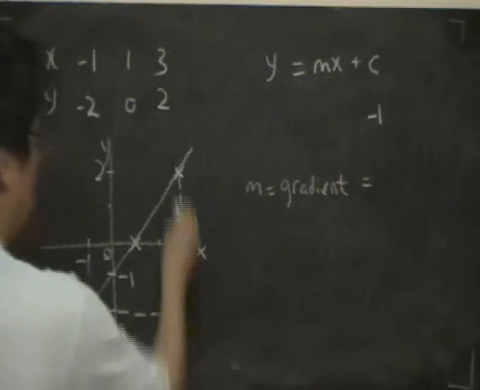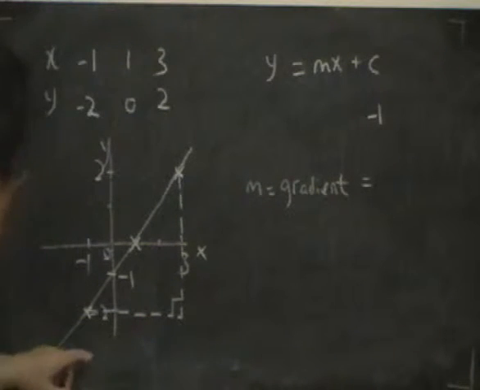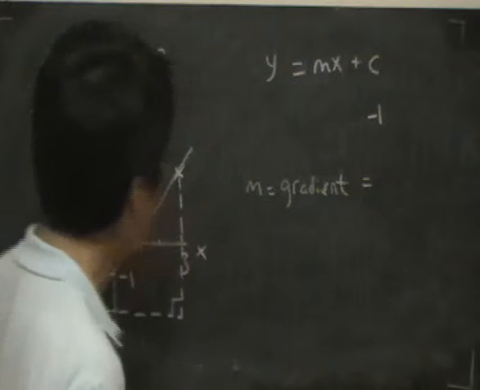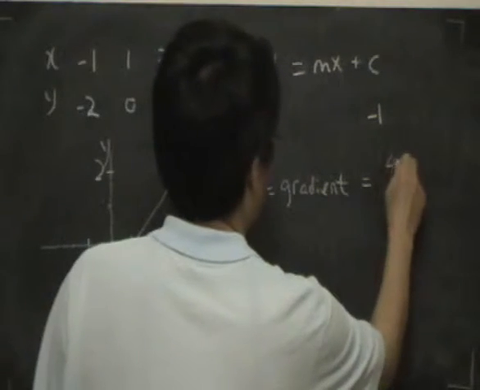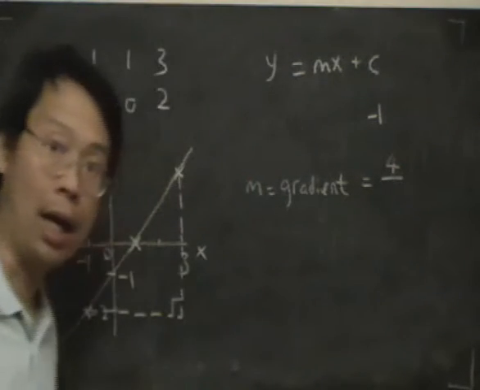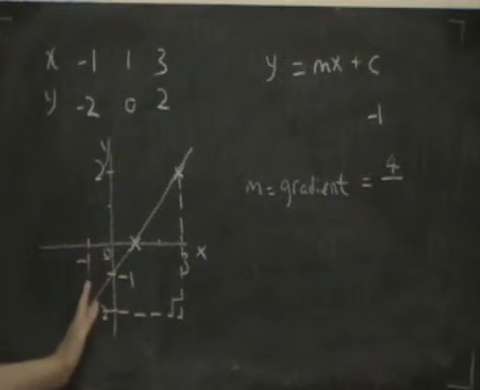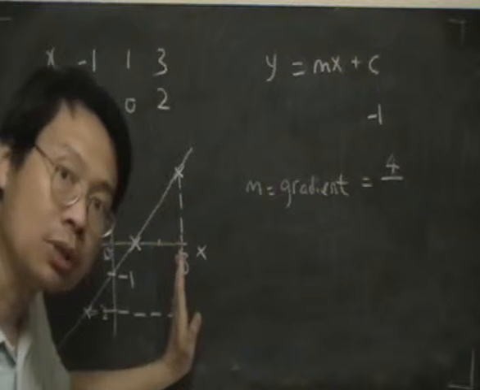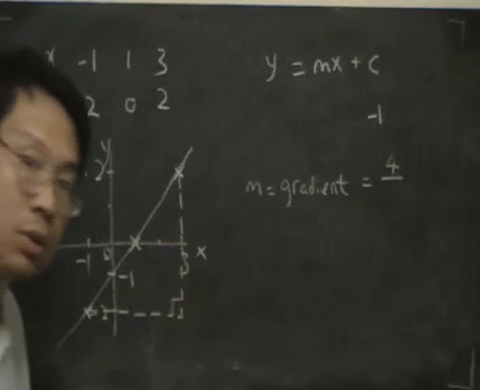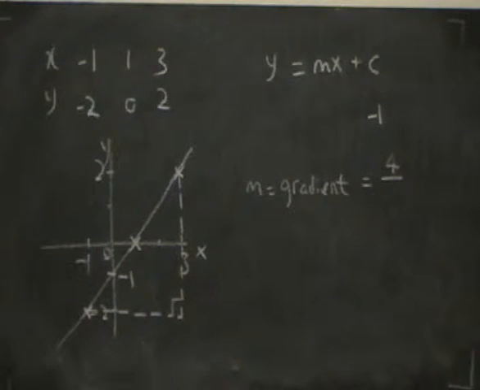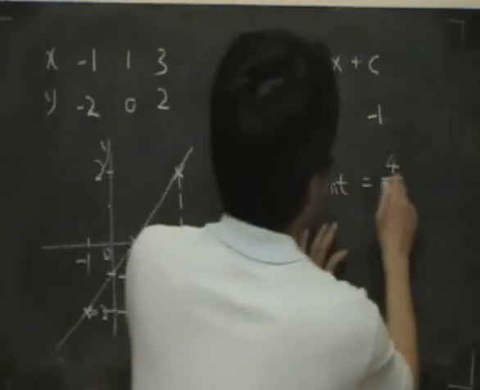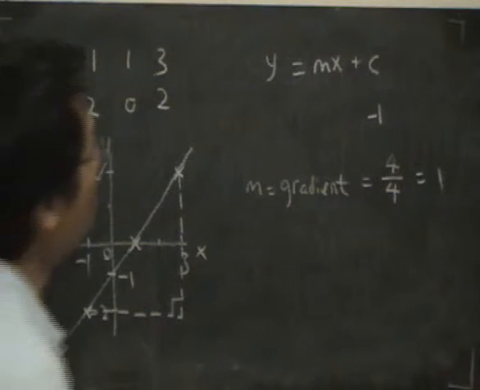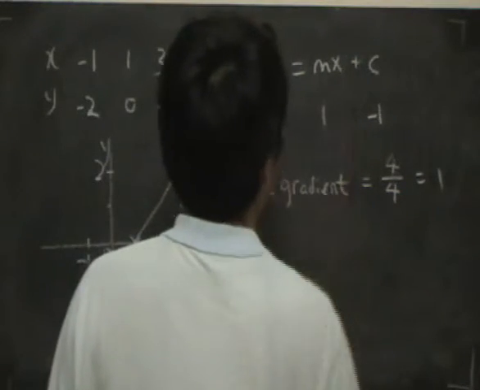The vertical side goes from -2 to 2, so the vertical side is 4, and the horizontal side goes from -1 to 3, so it's also 4. Therefore 4 over 4 is 1. That is the gradient, so m is 1.